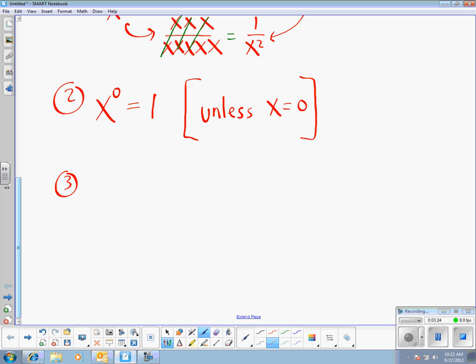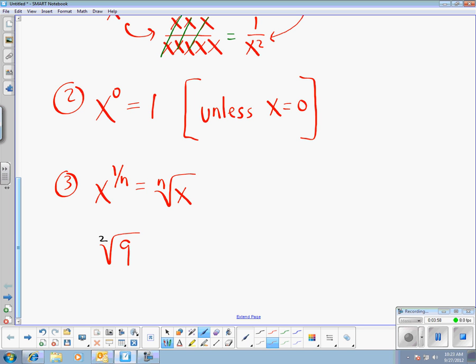is for reciprocal exponents. And that rule is x to the 1 over n is the same as the nth root of x. So there's a very strong connection between roots and exponents, and this is that connection. For example, if you have the square root of 9, and there's an unspoken 2 that sits right here on the root symbol, it's kind of like when we write x, we mean 1x.